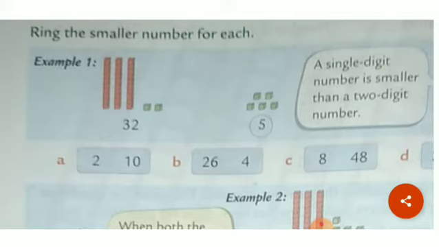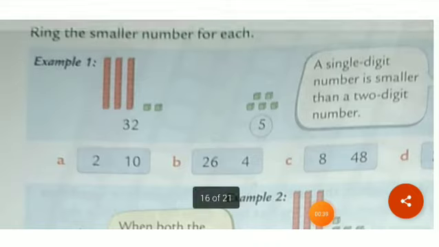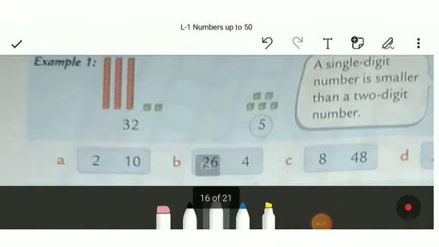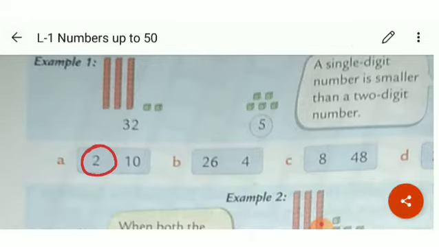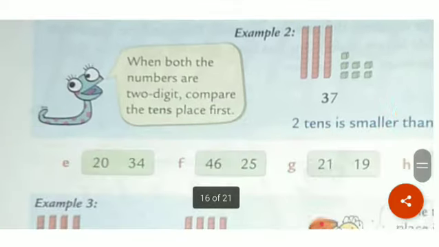One number is 2, one number is 10. So which is the smaller here? You have to ring the smaller number. Okay, so we will ring which number? We will ring 2 as a smaller number. Okay, this way you have to solve the remaining one.